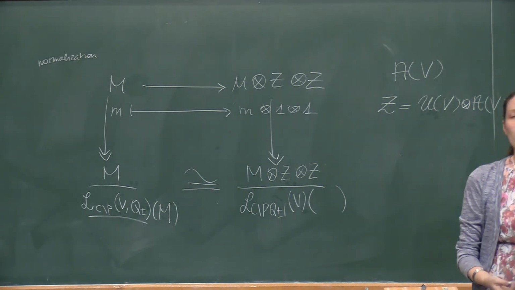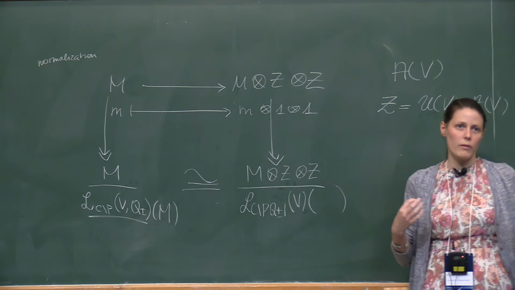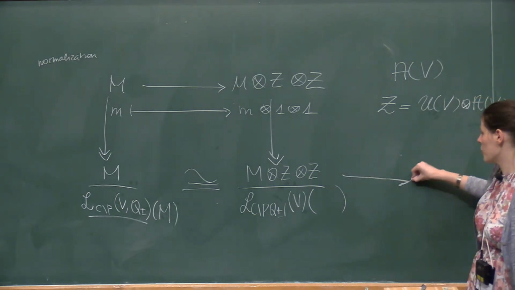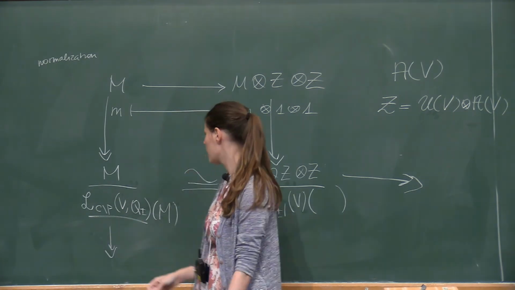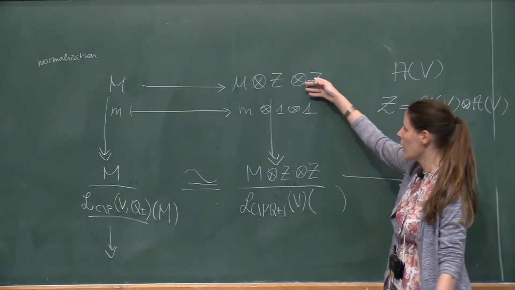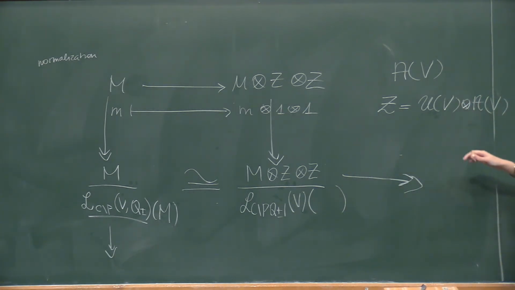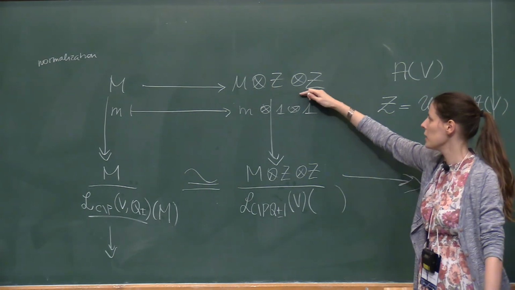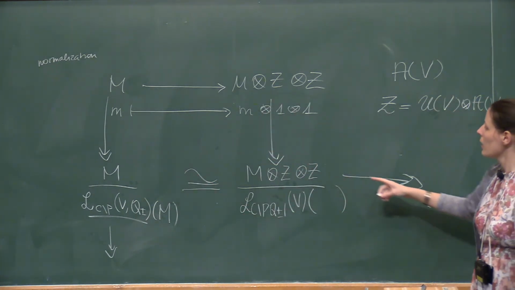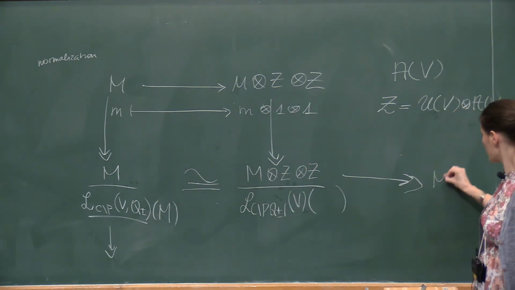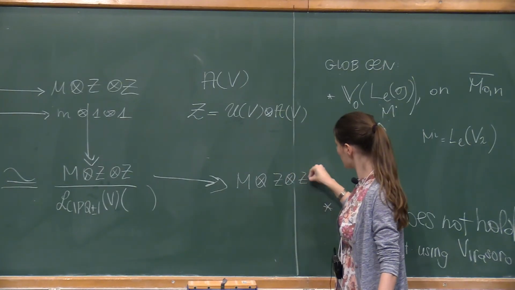Then what you can say is that your usual conformal coinvariants are a further quotient of this. So you can further quotient out by an appropriate subset here, or ideal. And when you quotient out there, here you really have, let me call it Z tensor Z bar.